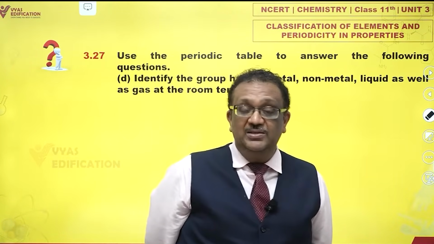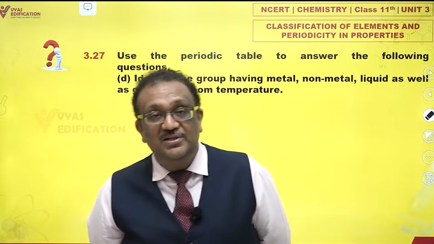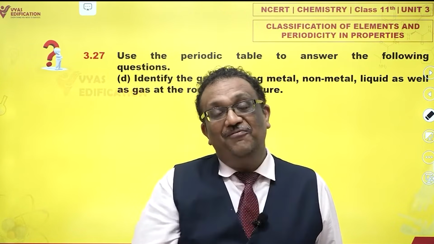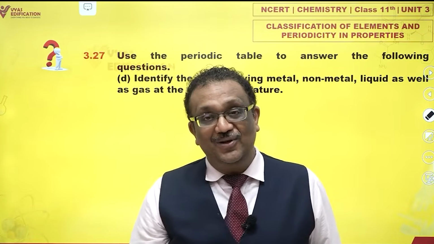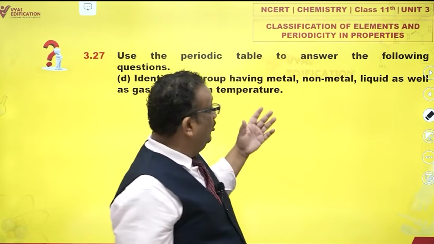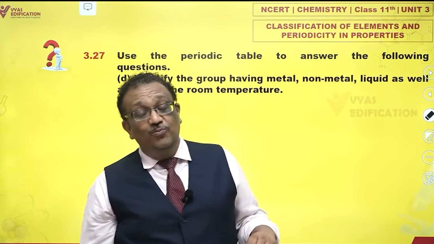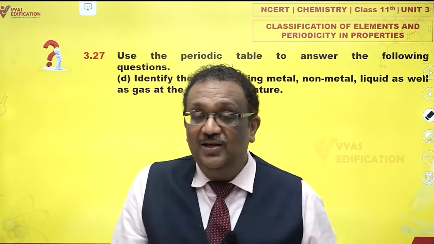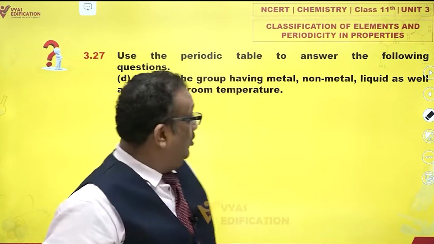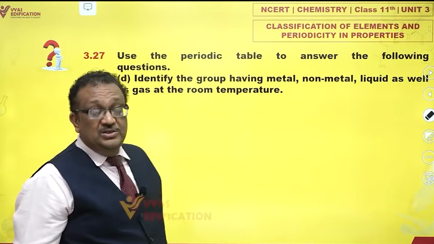If you look at noble gases, all of them are, by name itself, gases. Liquid is present only in one family, and that is halogens. Bromine is liquid at room temperature. Fluorine and chlorine are gaseous at room temperature, while iodine is a solid. Okay, what about metals and non-metals?